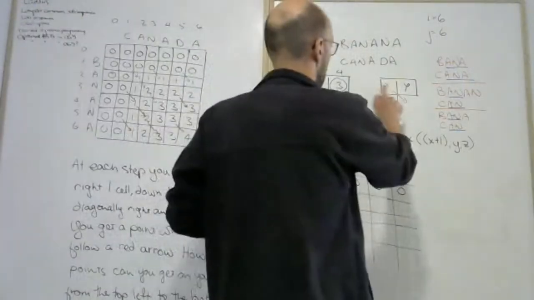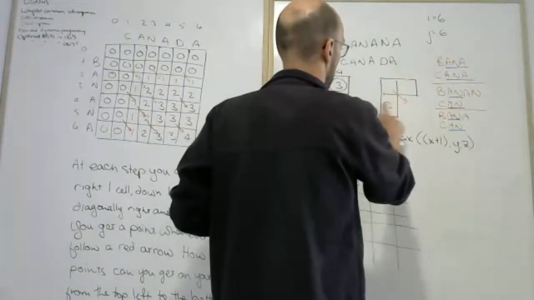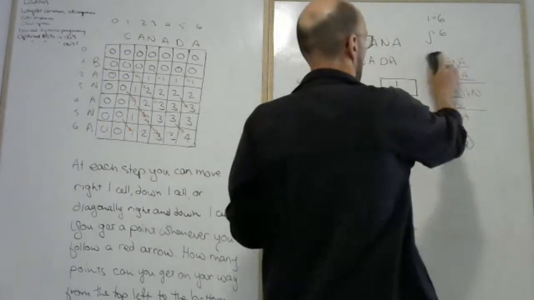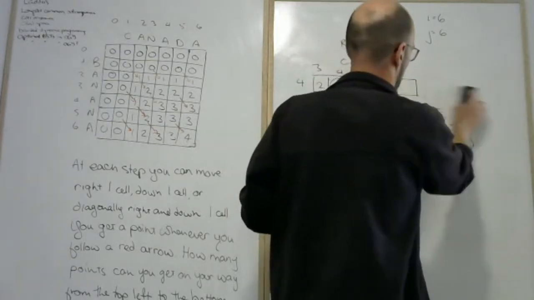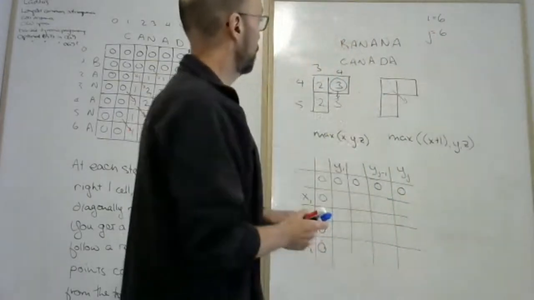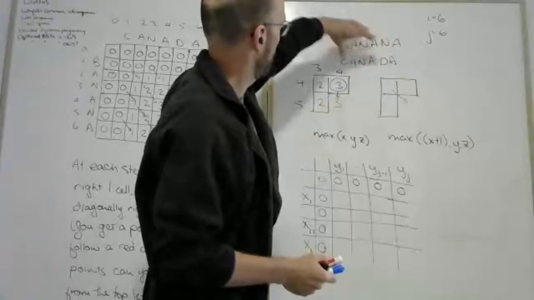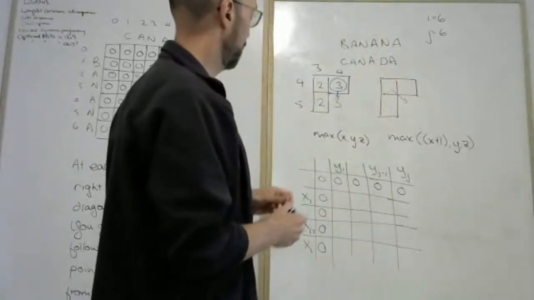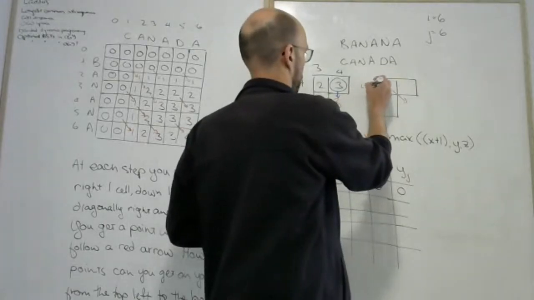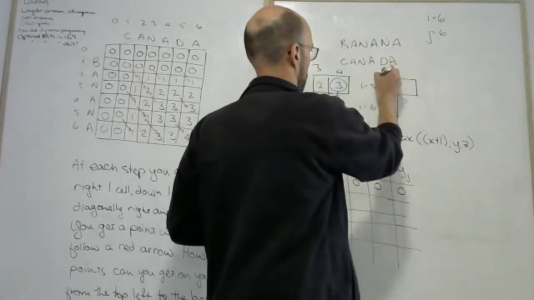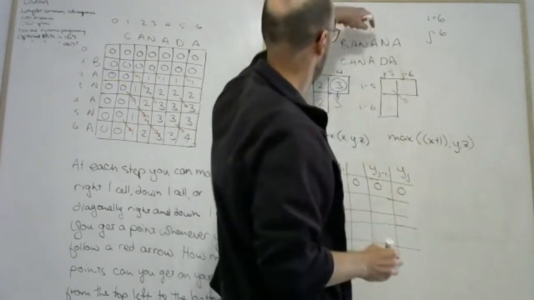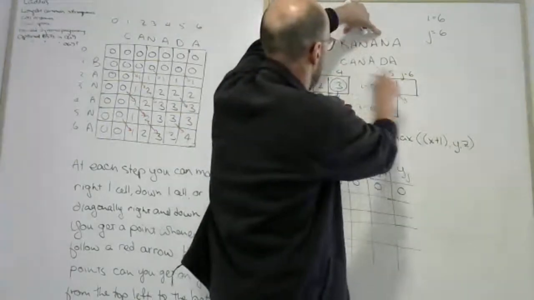So what is this matrix? What are these entries? Well, this is the longest common subsequence for I equal to 5 or 6, and J equal to 5 or 6.